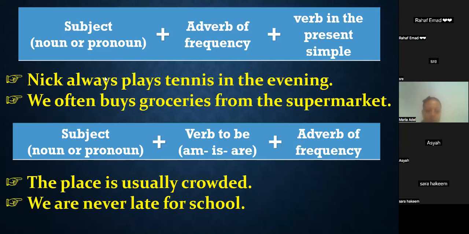Adverbs of frequency are words that show how many times an action happens, like how many times you visit your grandparents, go to the park, take guitar lessons, piano lessons. Okay, Sarah?